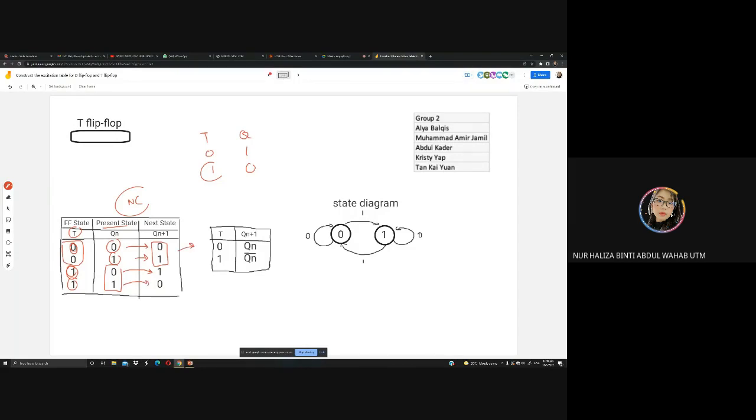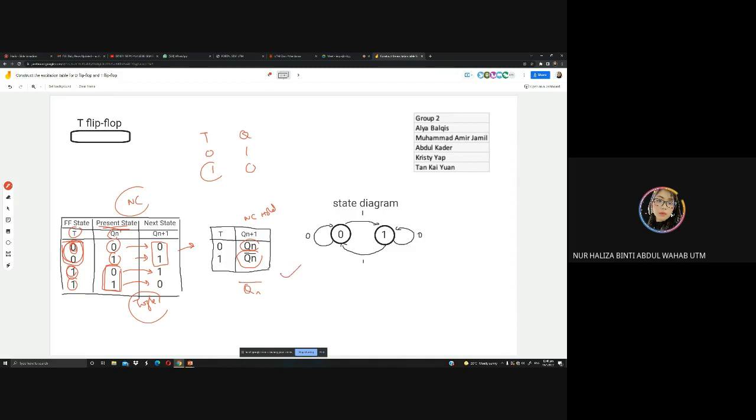And then you can summarize, if your T is 0, it doesn't matter if it is 0 or 1, it's going to follow your present state. This is your QN, following your present state. Similarly, no change is also hold. And for this part, you can see it's going to toggle, if you still remember your T flip-flop, that's why it's going to toggle, Q and Q bar.